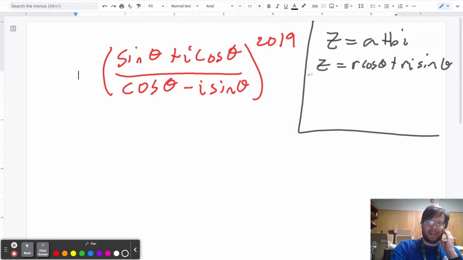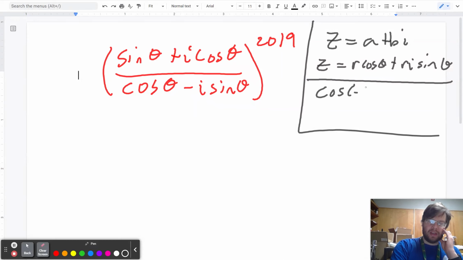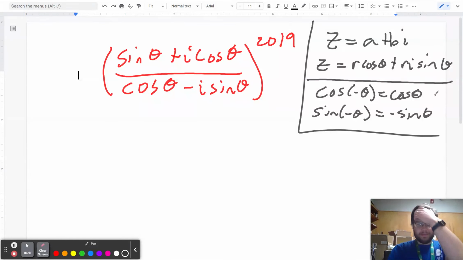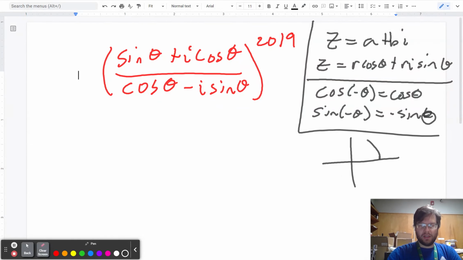One idea that I have is maybe I could use the fact that cosine of negative theta is the same as cosine of theta, and sine of negative theta is the opposite of sine theta. And by the way, these are pretty clear where they come from if you just think about rotating theta degrees up and rotating theta degrees down.